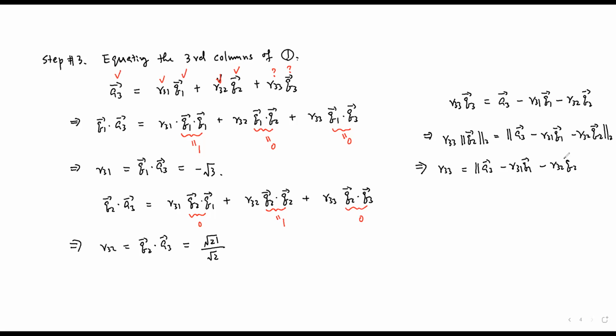Now this two norm is computable. What is it? This is a square root of 7 over square root of 2. Yeah, R3. Now remove the question mark here.